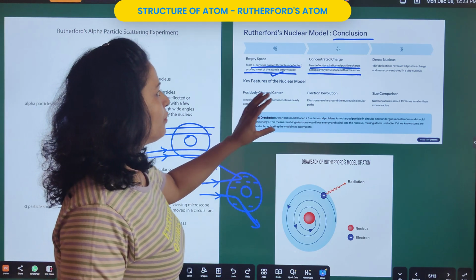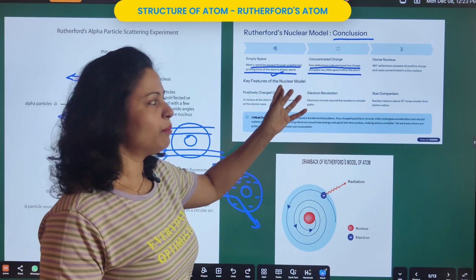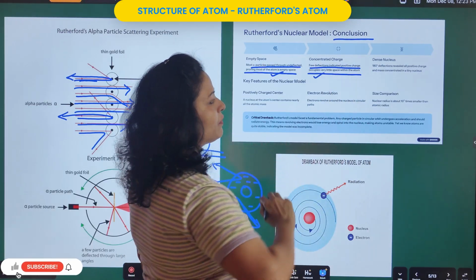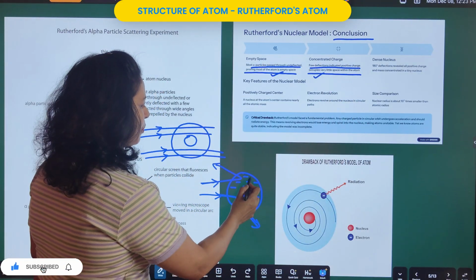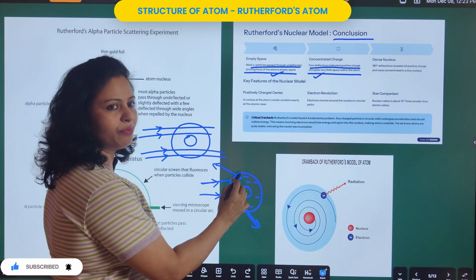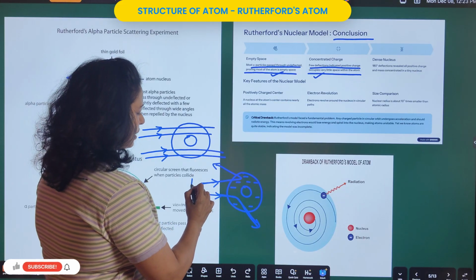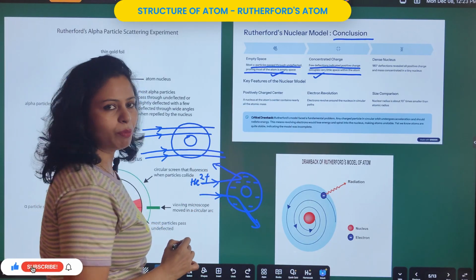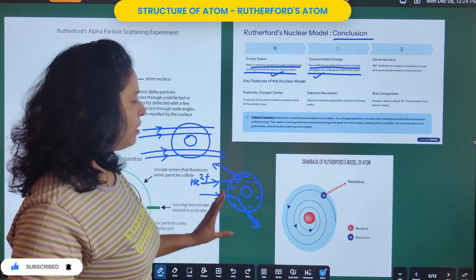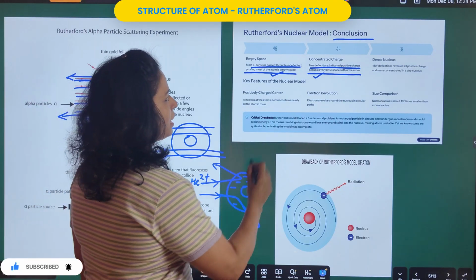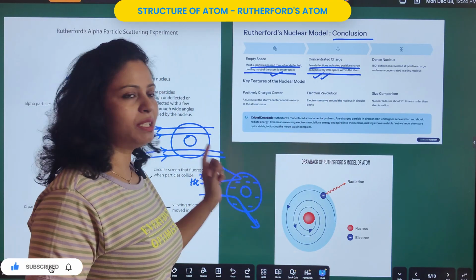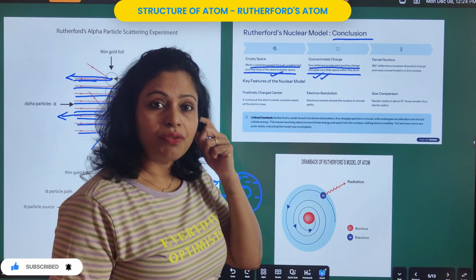So what he concluded is that the small number of deflections indicated that the positive charge occupies very little space. That means the positive charges here are very few. Because here there is attraction from the negative electrons, and the alpha particles are positively charged, deflection is seen, which suggests the positive charges are very few in the empty space. Now where is this positive charge?